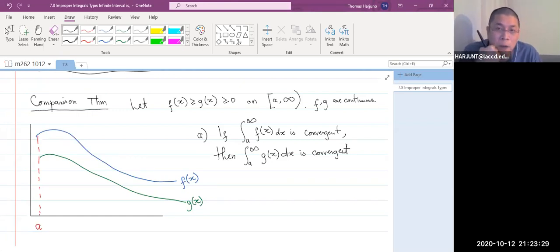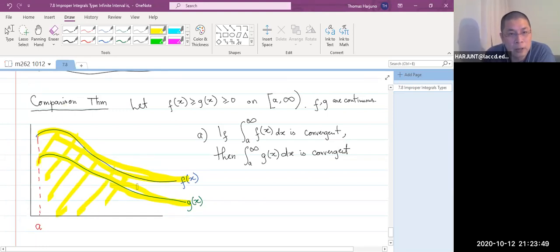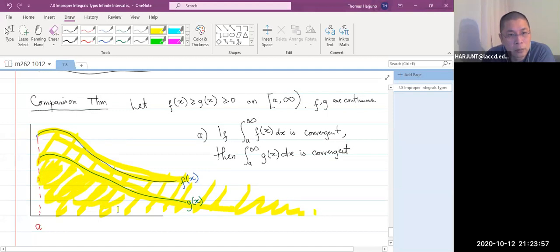Basically, if a function g(x) in this case is bounded above by a function whose integral is finite, therefore it's convergent, right? If the area under this f(x) is finite, then the area under g(x) should also be finite, right?